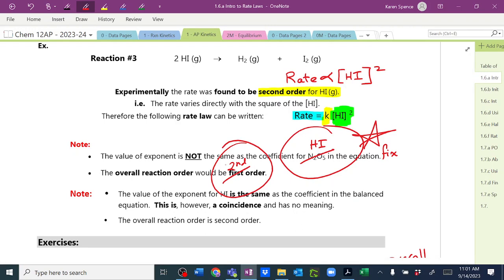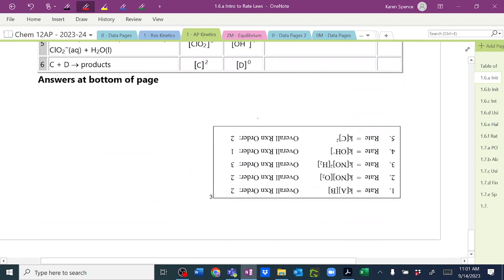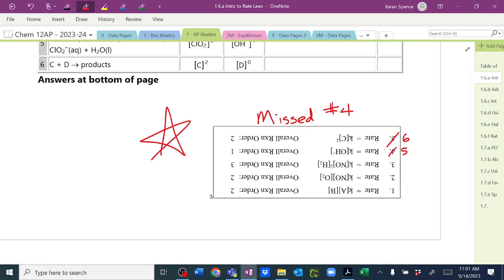I just left it out, apparently. Oh no, I missed, which one did I miss? I missed number 4. Okay, so number 4 is actually this is 5 and 6, right? Yeah, okay. How did I do on the ones that I wrote answers for? Did I get them correct?